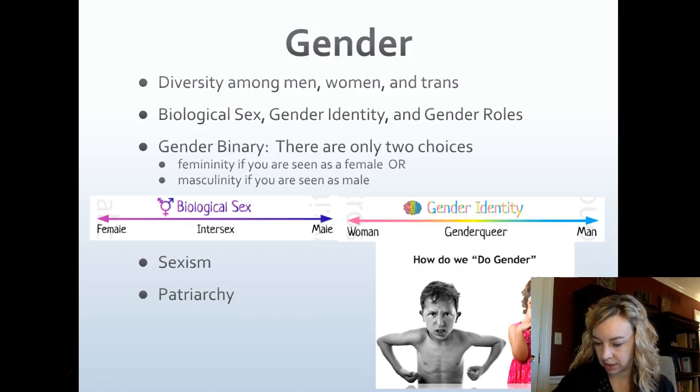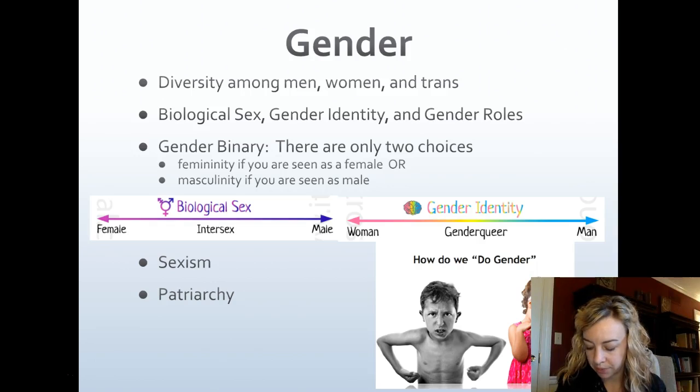And let's see here, I think I have something else to say about this. Yeah, so all I'll say about this is that with sexism and patriarchy operating together, which is often the case, that patriarchy comes from sexism, men are given social power and privileges, which means that anything that is identified with the feminine then has less power, obviously.